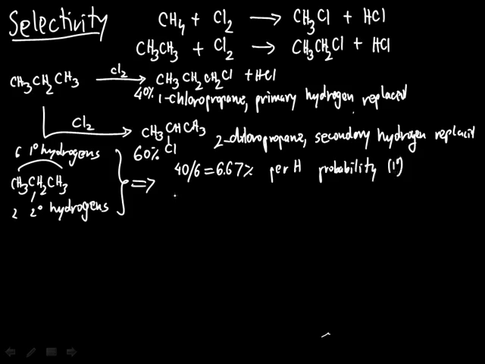Or for the secondary hydrogens, we would need to divide 60 by 2 and get 30% probability per hydrogen for secondary hydrogens. Okay? And so it seems that, simply put, primary hydrogens are less reactive than secondary hydrogens.